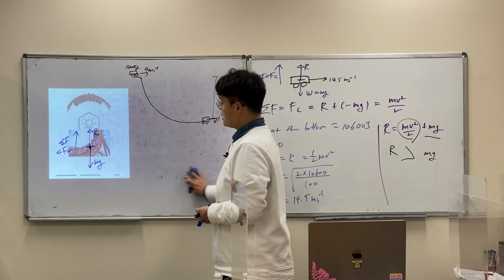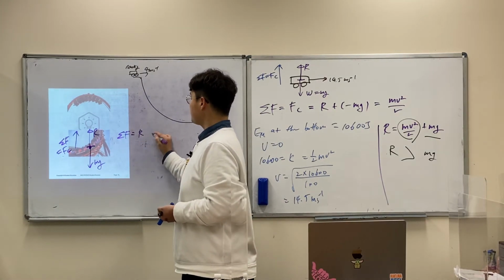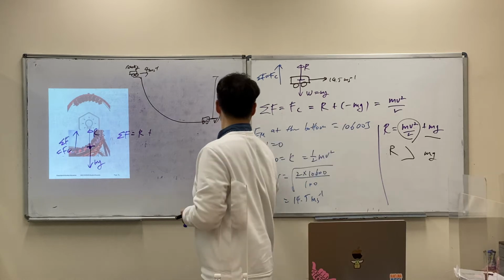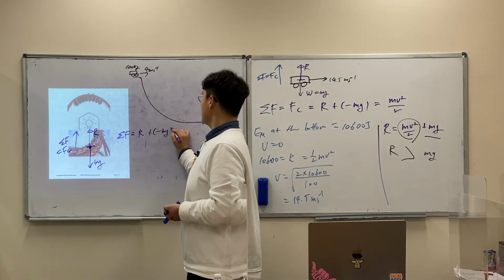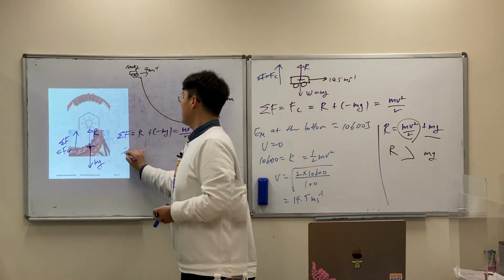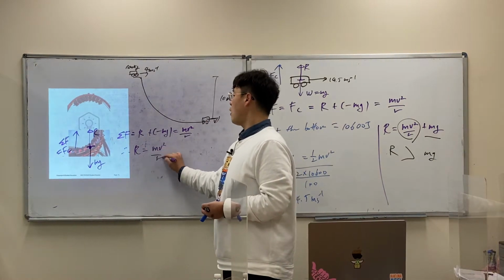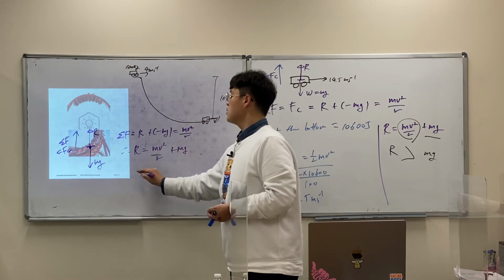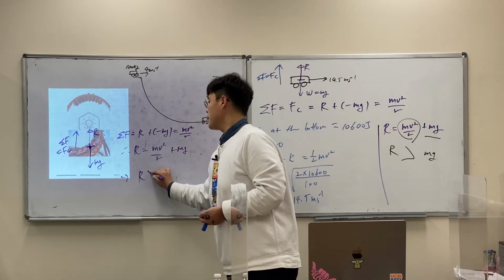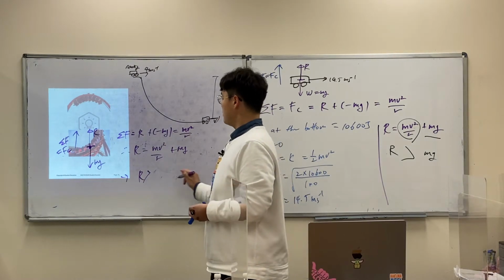In that case, F equals R minus mg, which equals mv squared over r. Therefore, R equals mv squared over r plus mg, which makes R greater than your mg, which is the weight force.